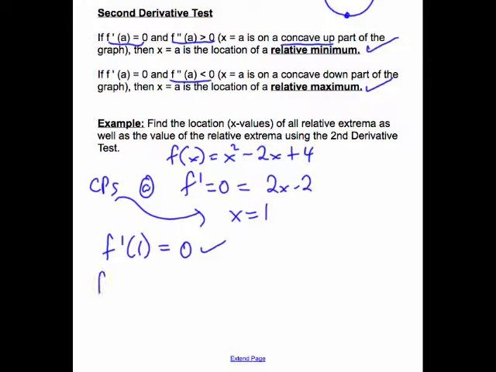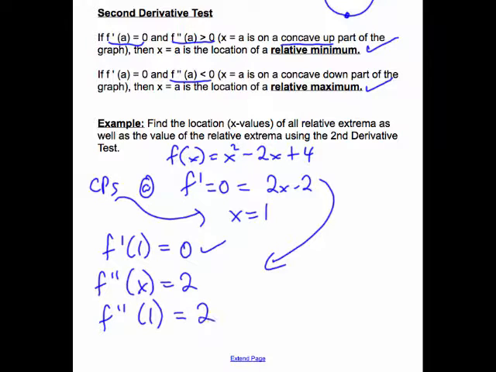Now we need to look at the second derivative. Now the second derivative is 2. Now the second derivative, therefore, at my critical point is also 2.